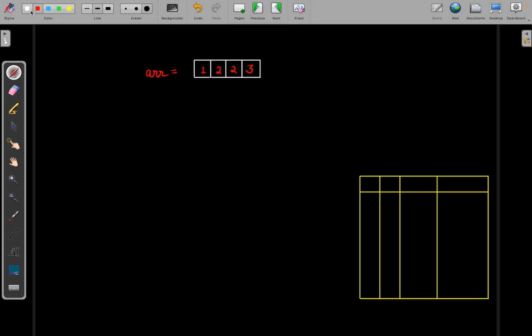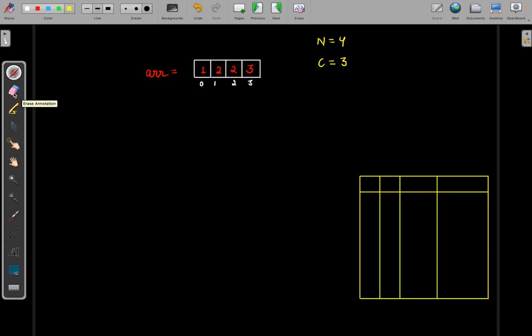Let me just add the indexes, and here I'm writing the size of my array and the capacity, that is 3. Now think how we can solve this problem. What do you think?